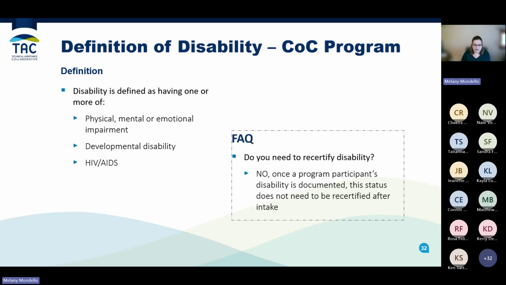HUD defines disability for the CoC program as having a physical, mental, or emotional impairment, having a developmental disability, or having HIV or AIDS. A frequent thing that I see is people trying to recertify disability at the annual, and you don't need to do that for the CoC program.